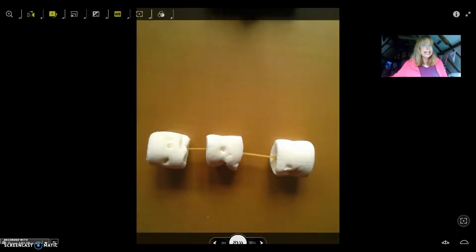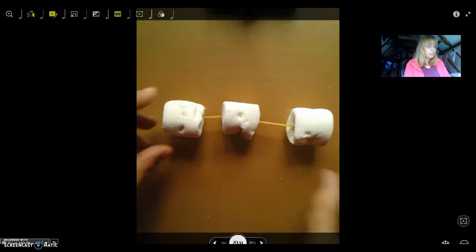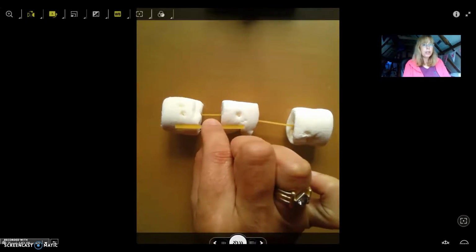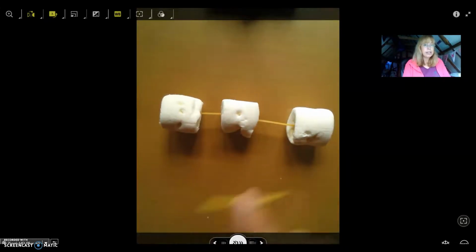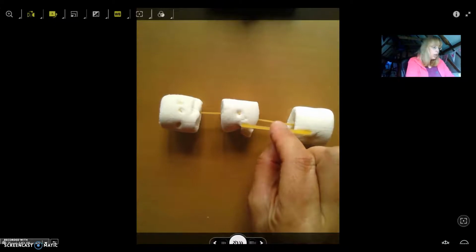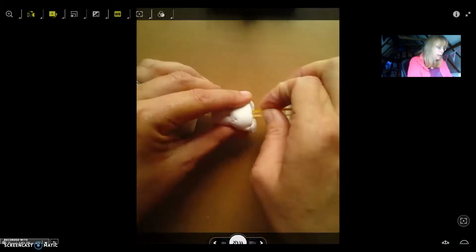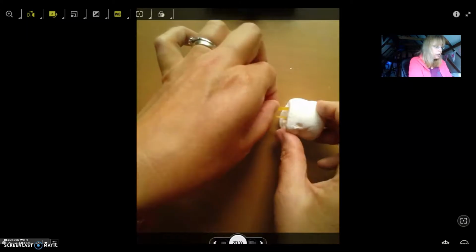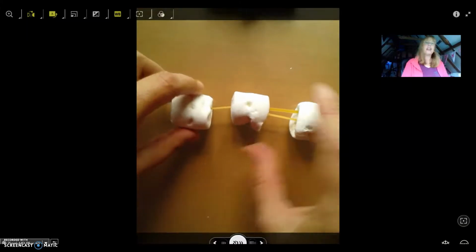In the alkene, there's only allowed to be one double bond between the carbon atoms. So I could decide my double bond is going to be between those two, or I could decide it's going to be those two. Just for the heck of it, I've decided that my double bond is going to be between the second and the third one.